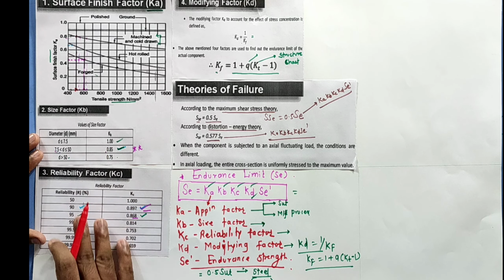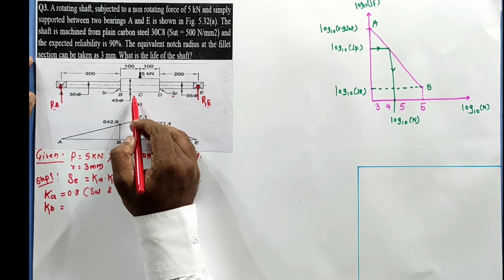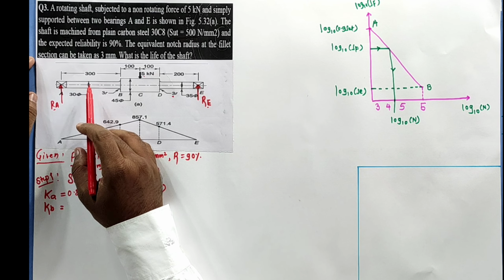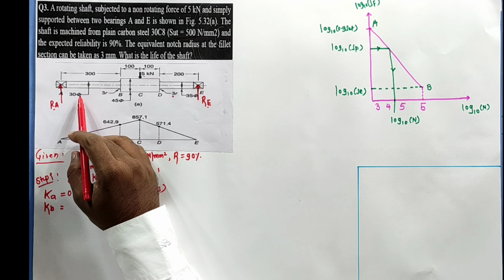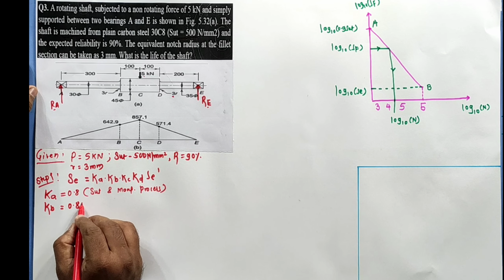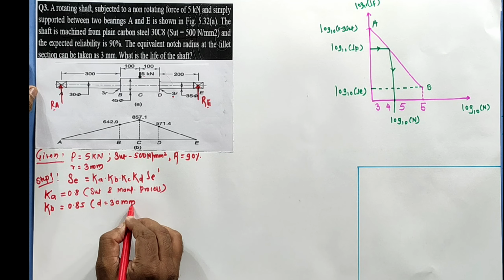Why 30 mm? I told you, of the diameters 30 mm, 45 mm and 35 mm, the lesser one, 30 mm, is going to bend first because of the load. So we'll have to consider this 30. Therefore Kb is 0.85 for a diameter of 30 mm.